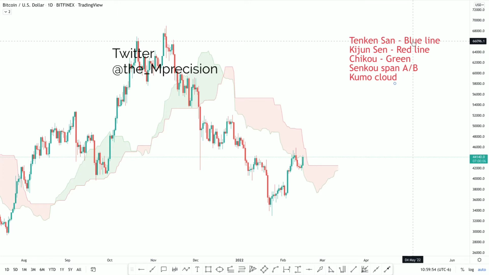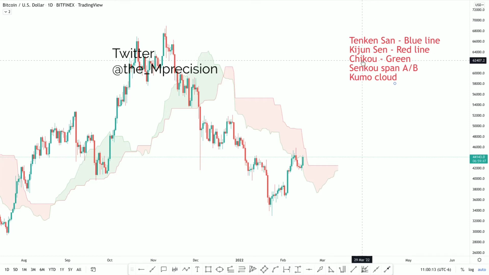Kijun-sen is the red line. You can't see them right now because I have removed them. It is the slow moving average. So Tenkan-san is fast, Kijun is slow.